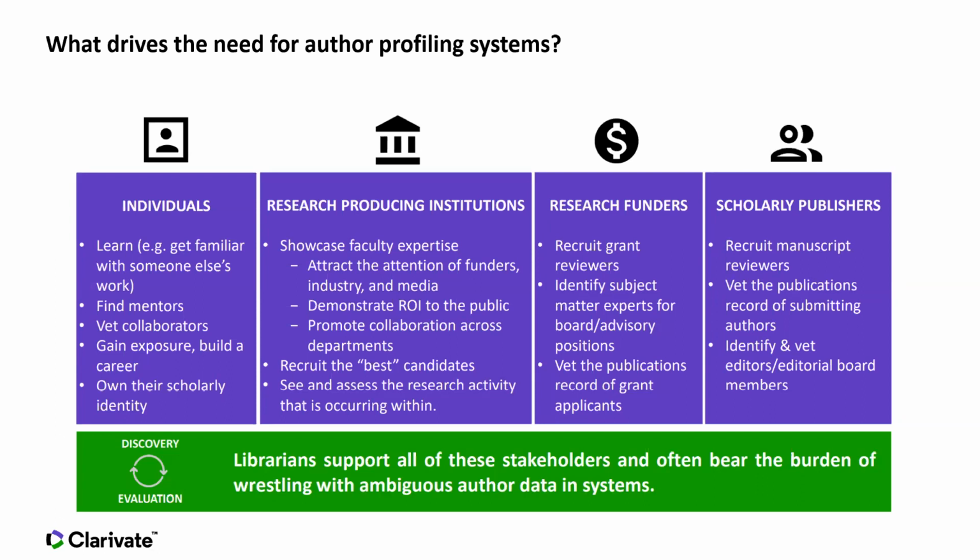And librarians, so our company, we work really closely with your library division as well as the research division, and of course the researchers themselves. But the library is seen as the heart of the institution, and librarians tend to support all of these stakeholders in one way or another, and often bear the burden of wrestling with ambiguous author data in systems.